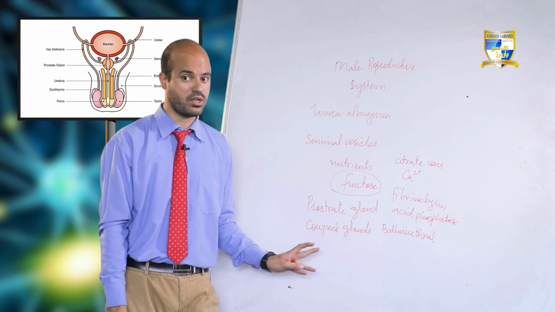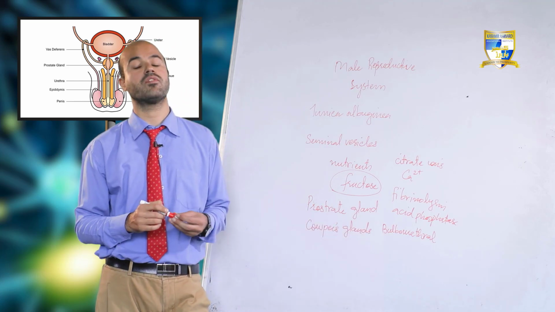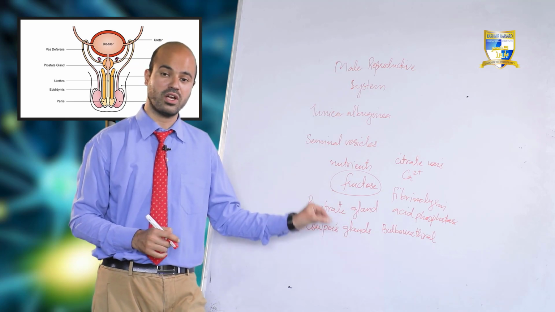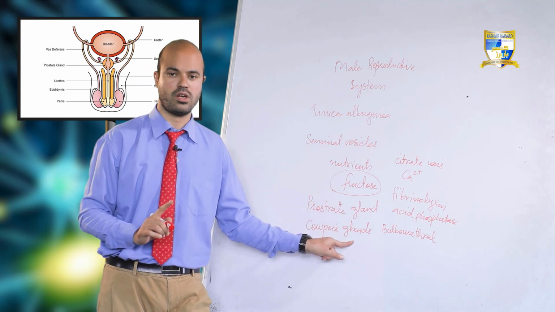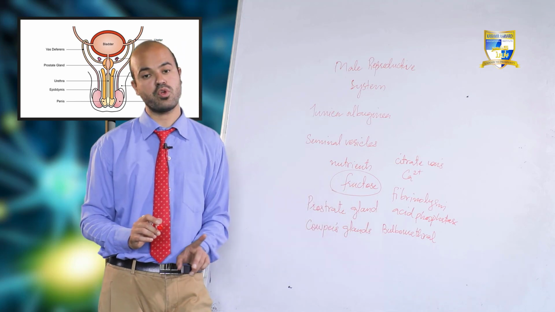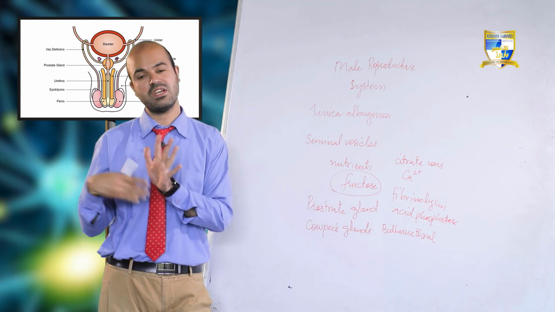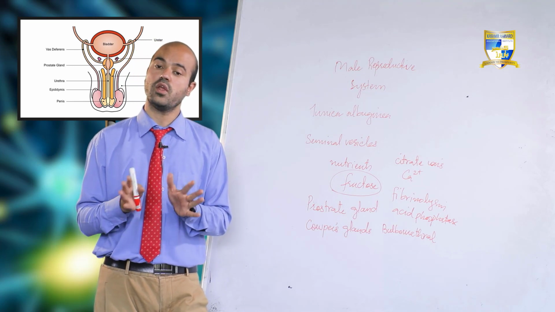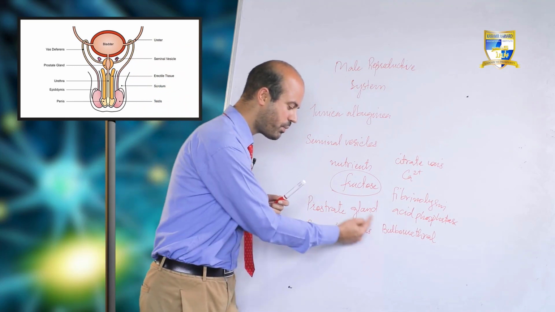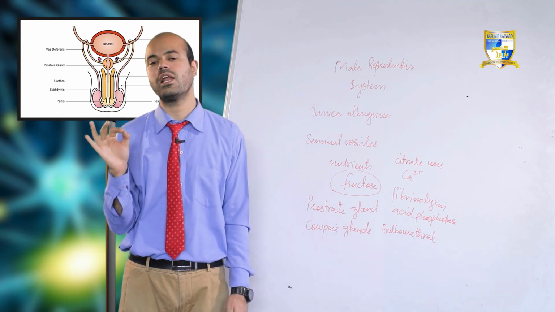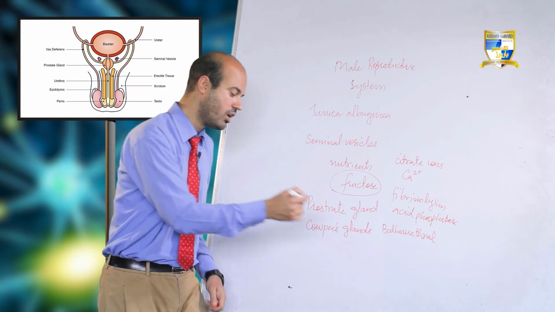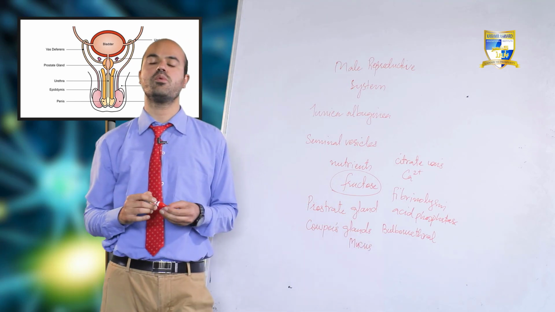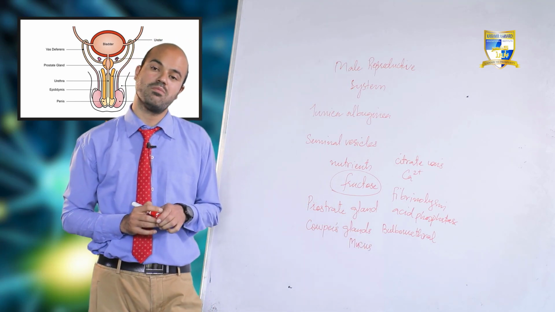That means their secretion will get added to the sperm cells in the same organ. What is that? Urethra. The prostate gland as well as the bulbourethral glands, or Cowper's glands, give their secretion in which part of the male reproductive system? It is the urethra. And the secretion of Cowper's gland is again a thin alkaline secretion rich in mucus, which acts as a lubricant for the sperm cells.